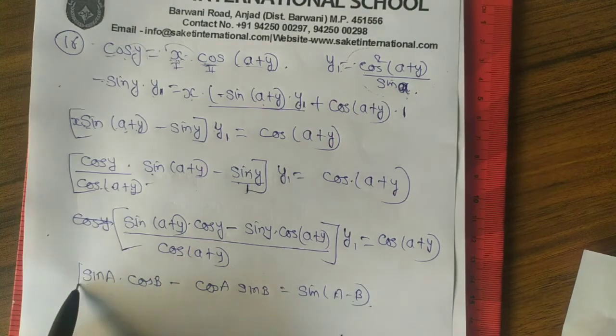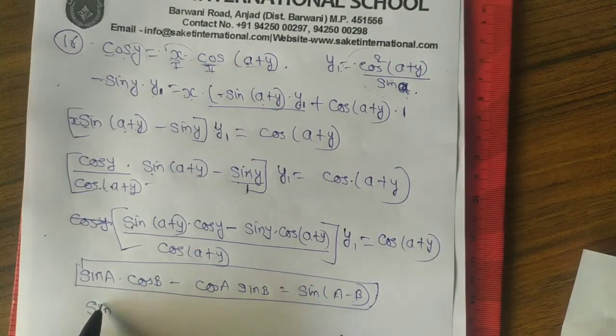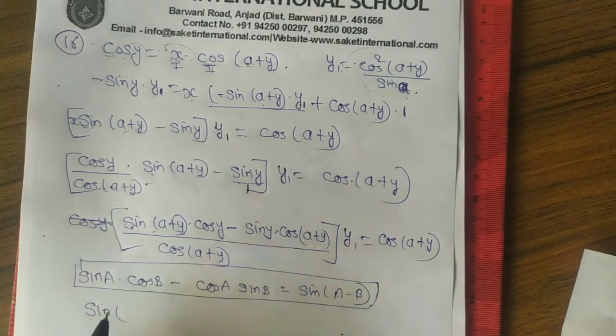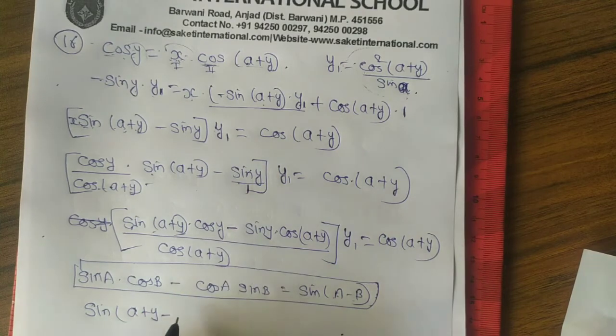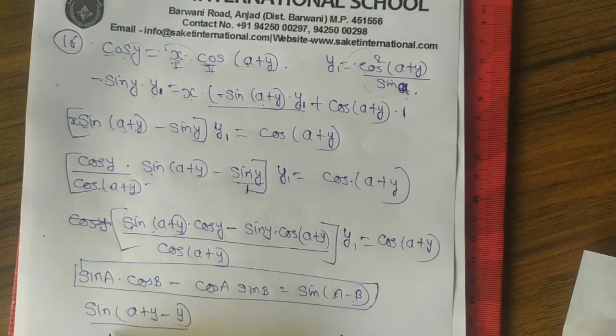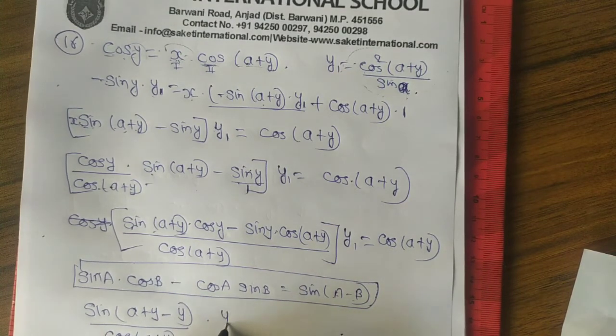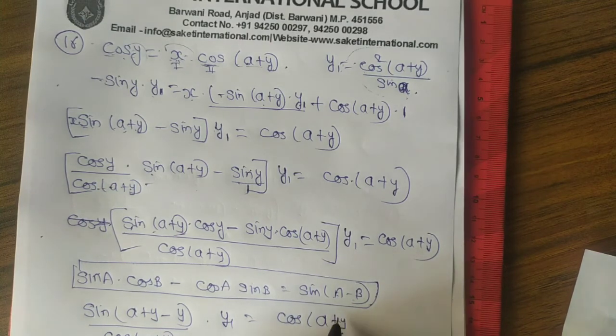So we will use this formula here. So it will become sin of (a plus y minus y) upon cos (a plus y) into y1 is equal to cos (a plus y).